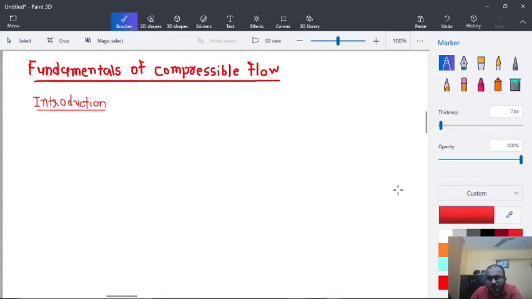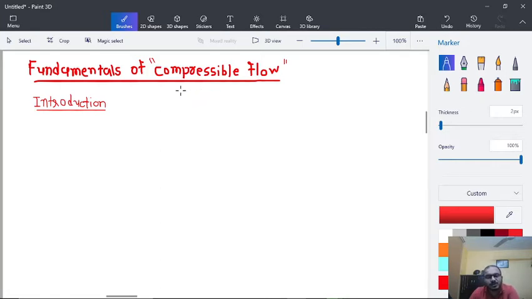Whenever we first think about compressible flow, we have studied the definition, what is the meaning of compressible flow. In our chapter on kinematics of fluid flow, we studied that there are two types of fluid flow. First is incompressible flow and second is compressible flow.